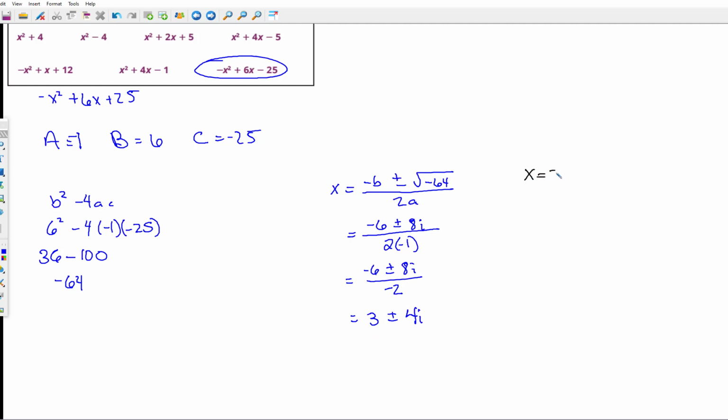So x equals 3 plus 4i, and x equals 3 minus 4i. So that makes our factors x minus 3 minus 4i equals 0, and x minus 3 plus 4i equals 0. And so those are our two parentheses.